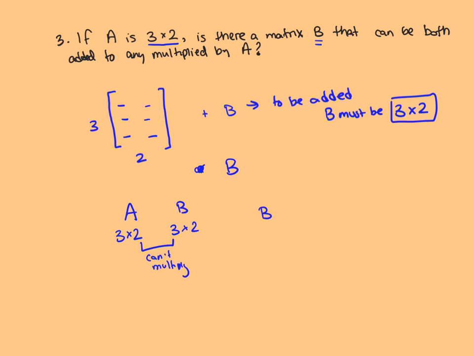But maybe I could do it in the different order. If I had B, which is 3 by 2, and A, which is 3 by 2, I still can't multiply. So there's no size that we can have for B so that I can both add it and multiply it. So no such B exists. We need to make sure we know which sizes we can add together and which ones we can multiply.